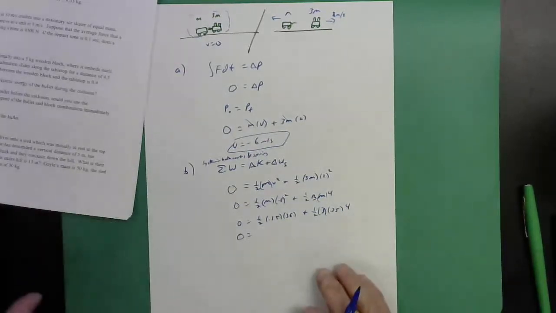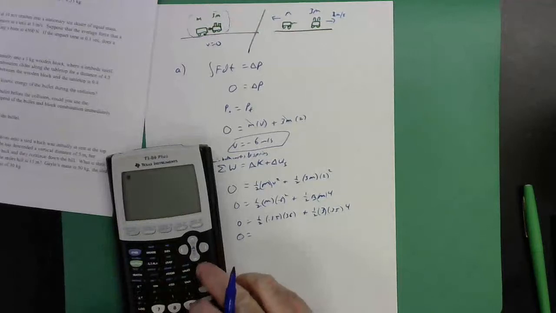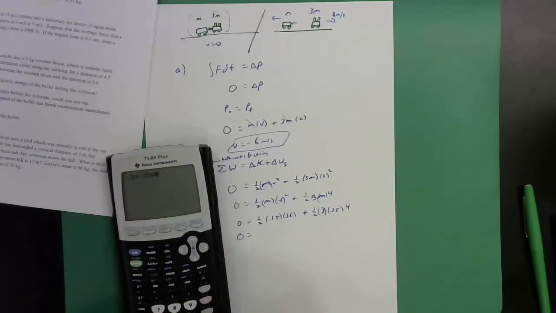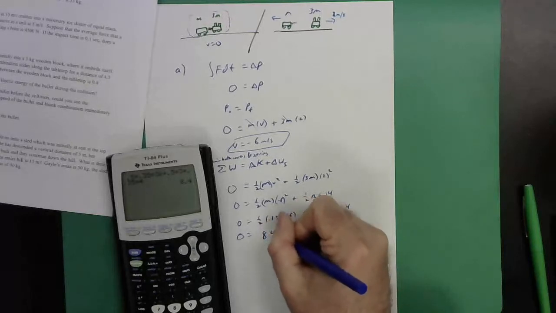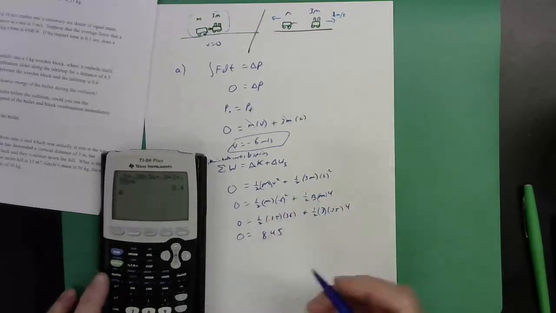That sounds like time for the calculator. 0.5 times 0.35 times 36 plus 0.5 times 3 times 0.35 times 4. 8.4 joules is what I'm getting.